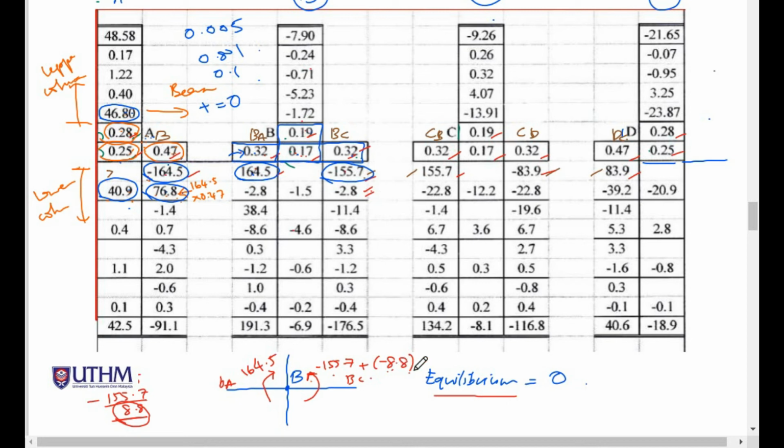Okay, so it equals negative 2.8. Done? 8.8 multiplied with 0.19, so it equals negative 1.72. Done? Okay, negative 8.8 multiplied with 0.17 is equal to negative 1.5. Okay, so we have distributed 8.8 to BC, BA, upper column and lower column.